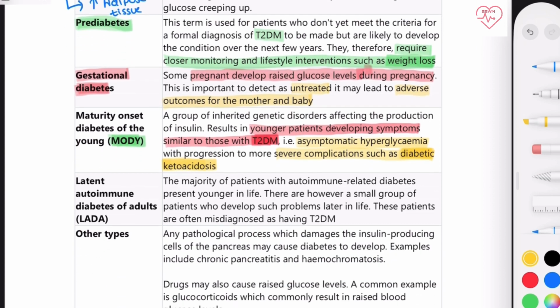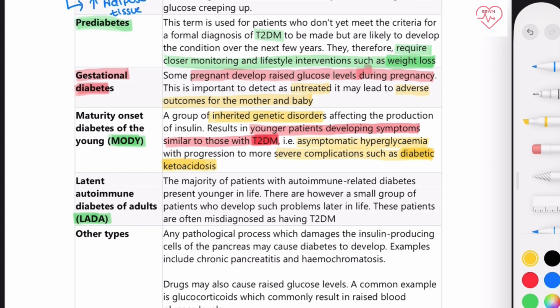Okay, now we'll come to LADA. Let's discuss LADA. What is LADA? Latent autoimmune diabetes of adults. In this, the majority of patients have an autoimmune related disease. Like in MODY, what was that? A group of inherited genetic disorders, right?